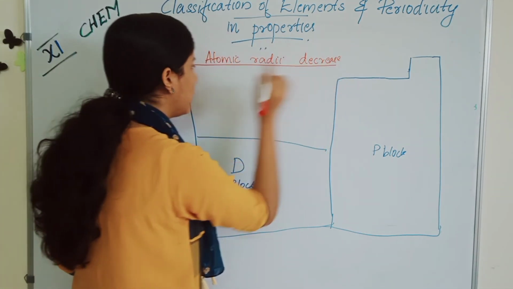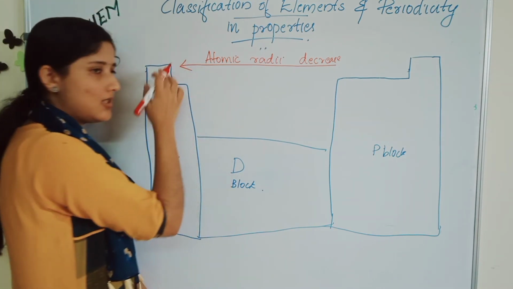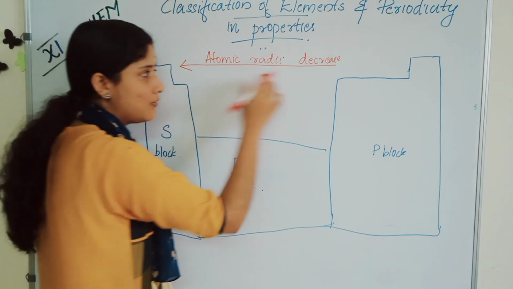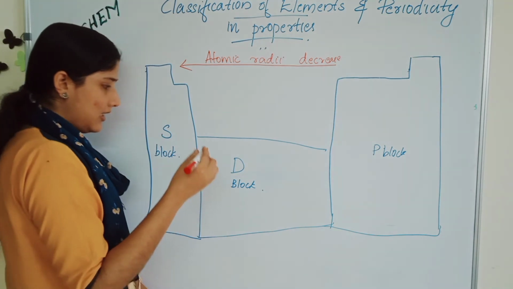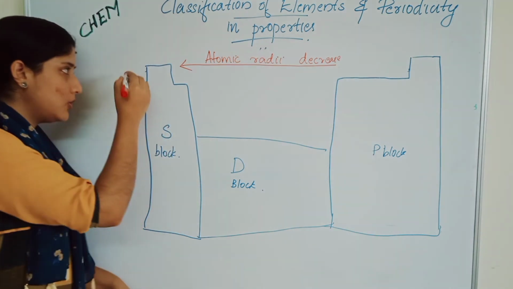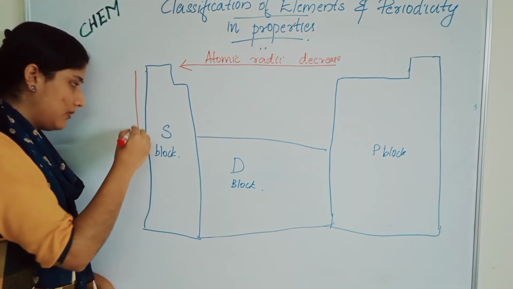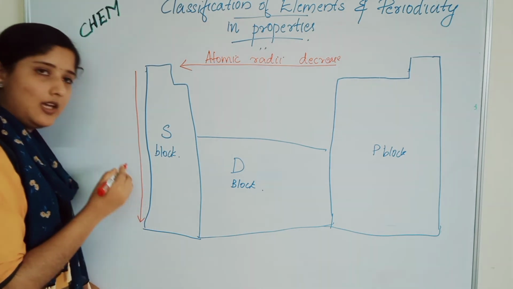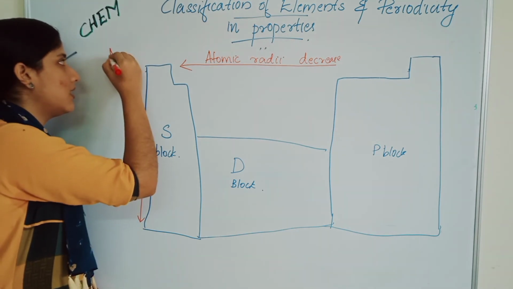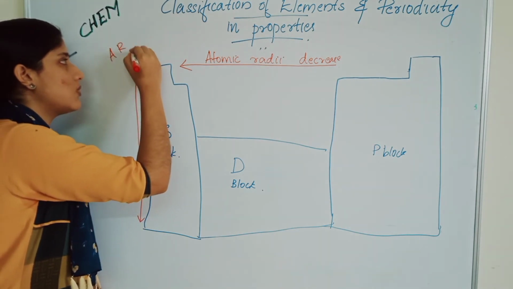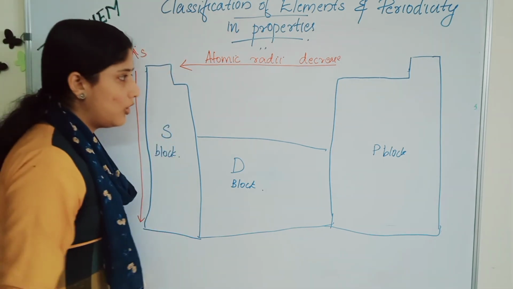Or we can put the arrow like this. This is the highest atomic radii. From left to right, the atomic radii decreases, and from top to bottom, atomic radii increases.